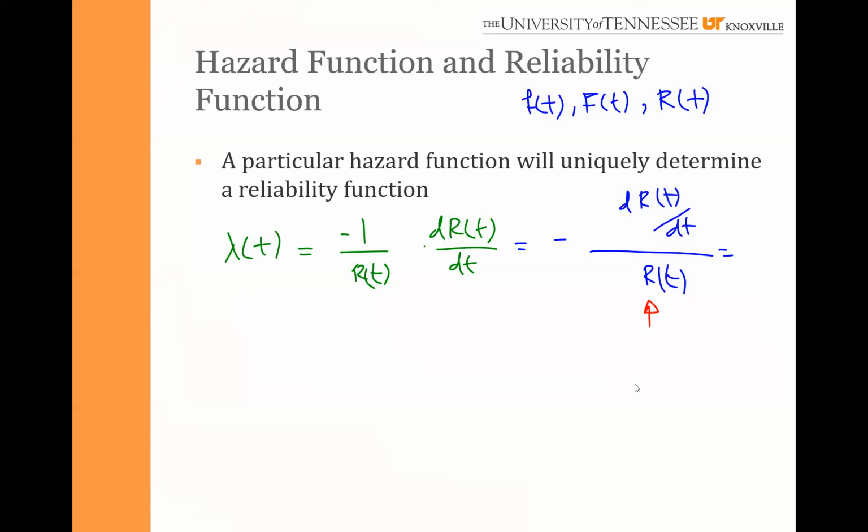But you're right. I can write this as f of t over R(t). Thanks for bringing that up. So this is absolutely correct. This is f(t) over R(t). Okay. So what I want you to look at is you're taking the derivative of a function in the numerator, and the function is in the denominator. Derivative of what else?